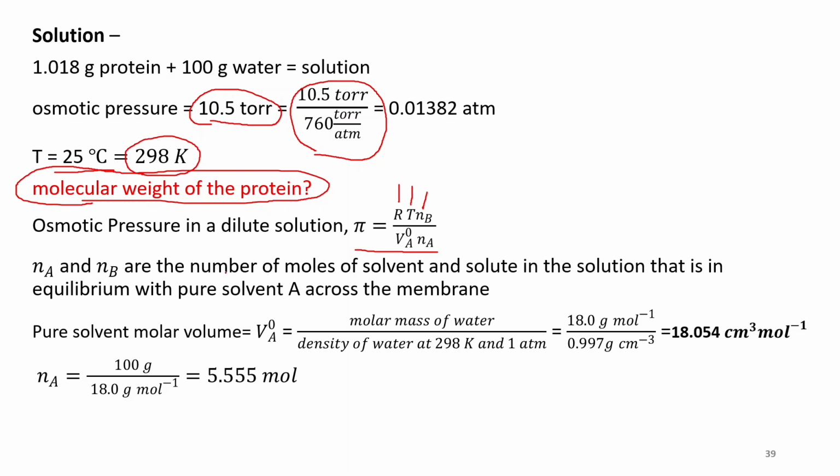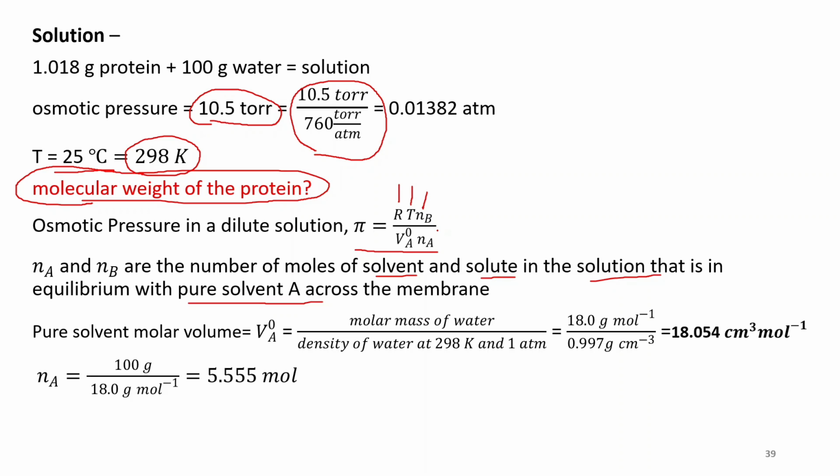Na and Nb are the moles of solvent and solute in the solution that is in equilibrium with the pure solvent, water, across the membrane. First we need to calculate Na, Nb, and Va naught, because R and T are already known.